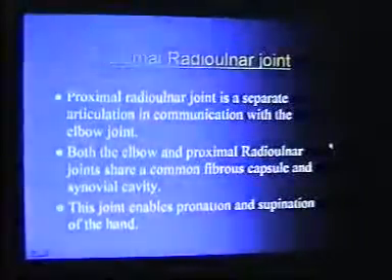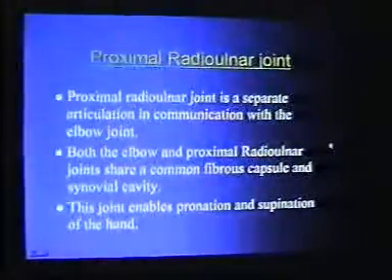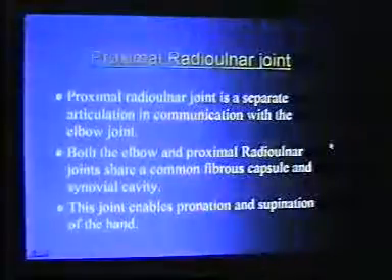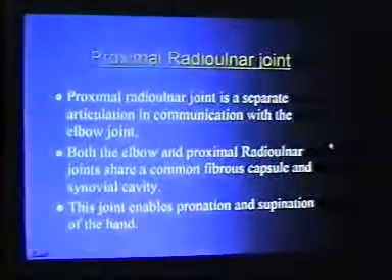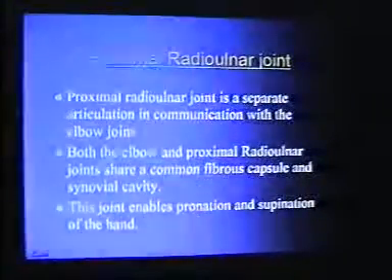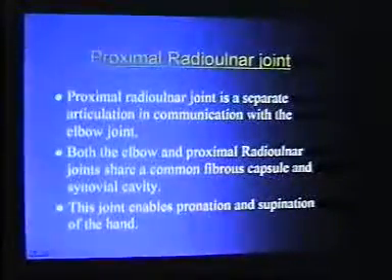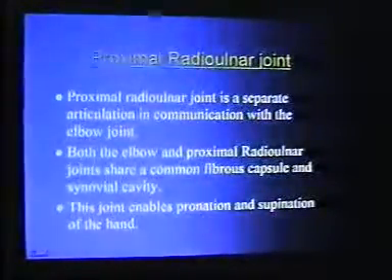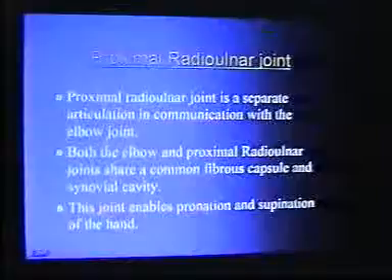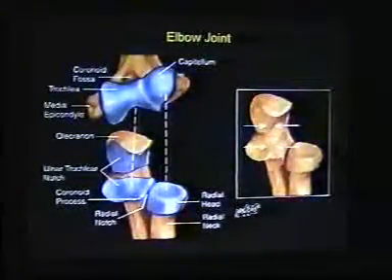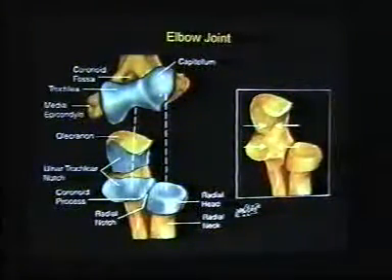The proximal radioulnar joint is a separate articulation in communication with the elbow joint. Both the elbow and proximal radioulnar joints share a common fibrous capsule and synovial cavity. This joint enables pronation and supination of the hand. Here is the joint.